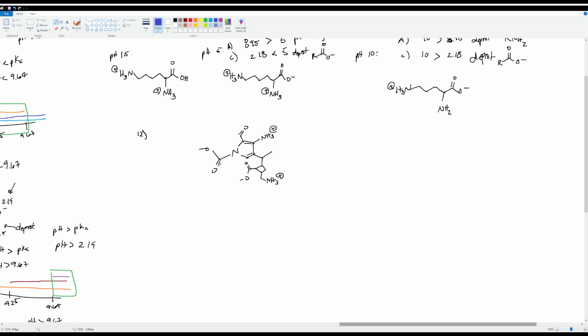And then we have a lysine residue here, an arginine residue here, a histidine residue here, his, and then glutamic acid, aka Glu, here.